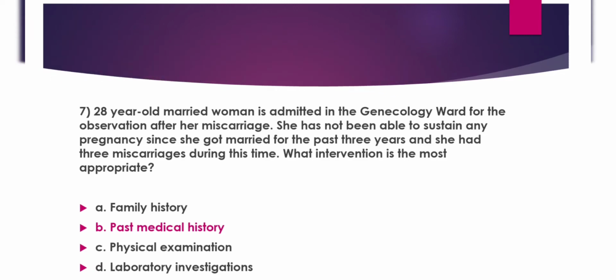What intervention is the most appropriate? Option A, family history. Option B, past medical history. Option C, physical examination. Option D, laboratory investigation. Option B, past medical history is the correct one.